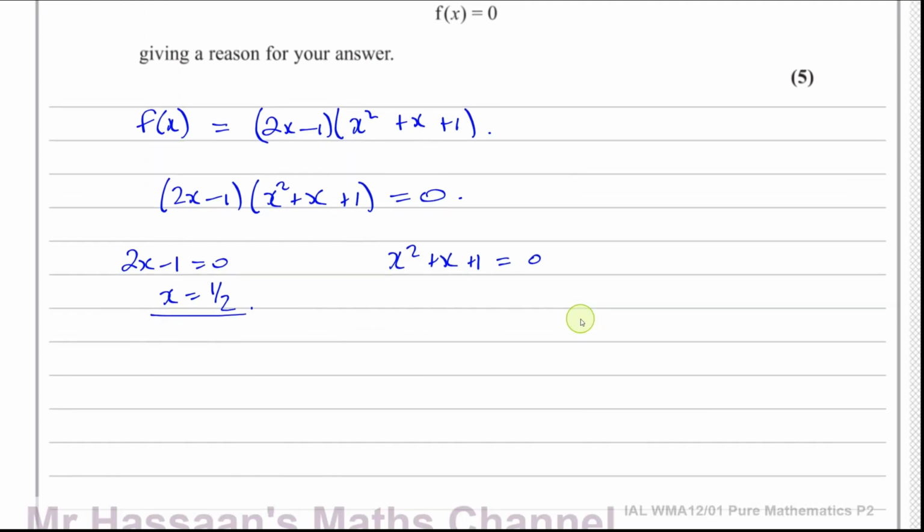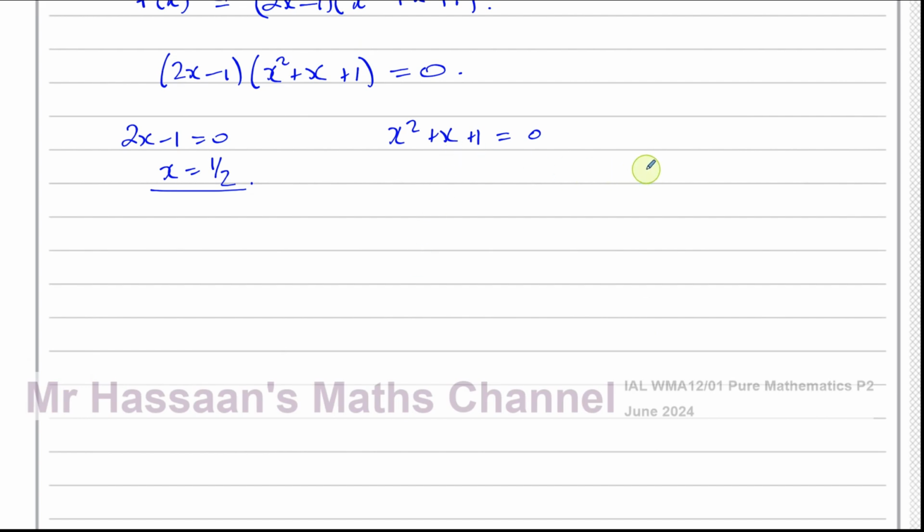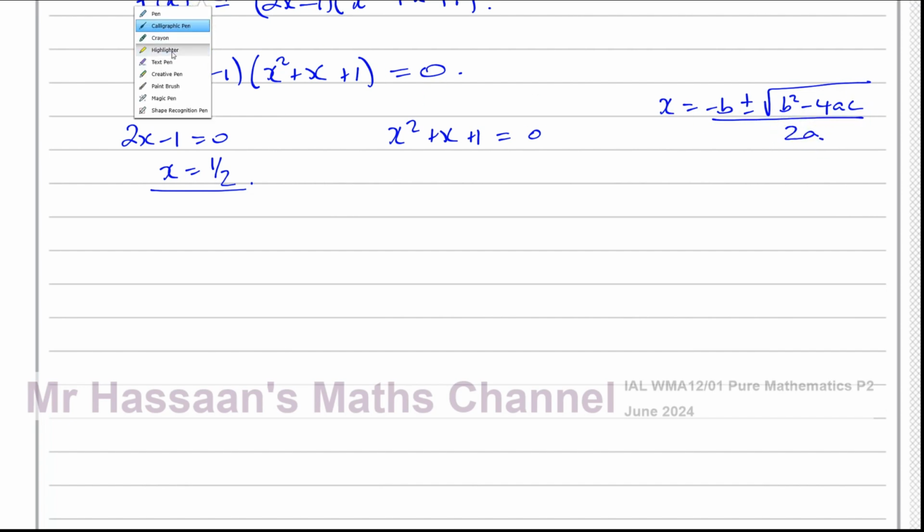We can determine whether something has real solutions by its discriminant. As we know, the quadratic formula is minus b plus or minus the square root of b squared minus 4ac all over 2a. The number of real solutions it has is determined by what's called the discriminant, b squared minus 4ac.